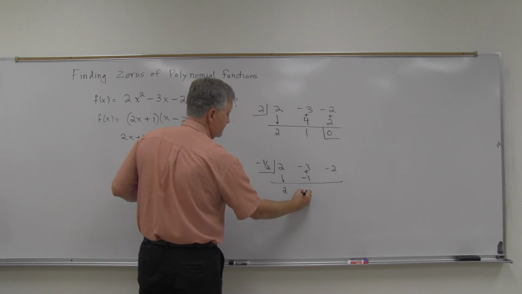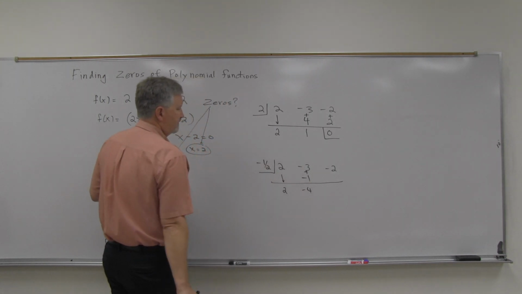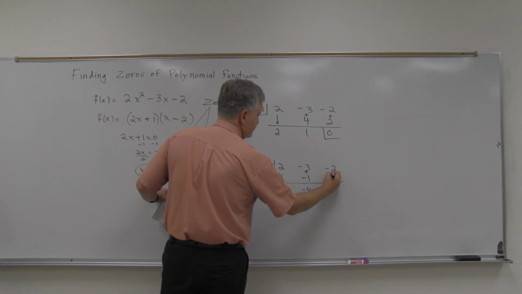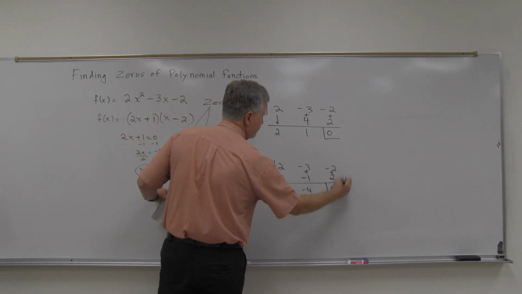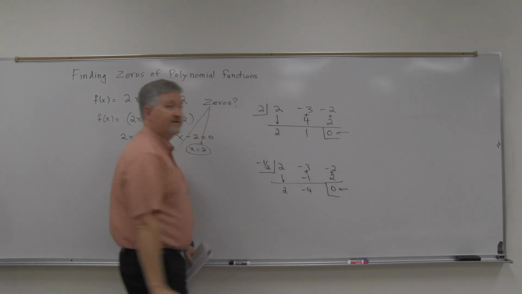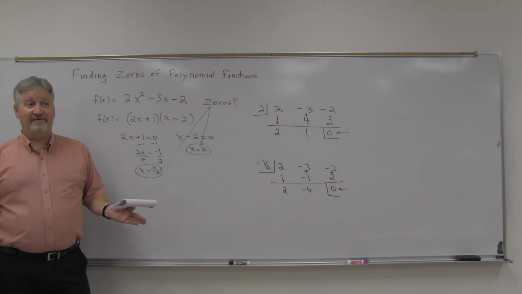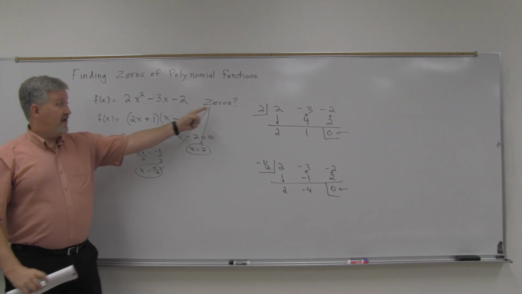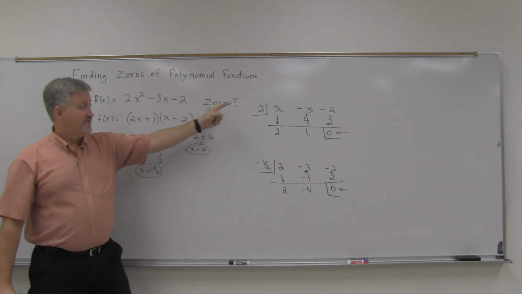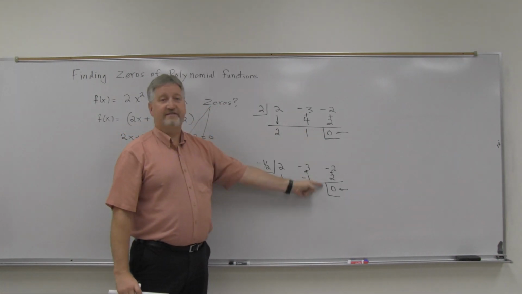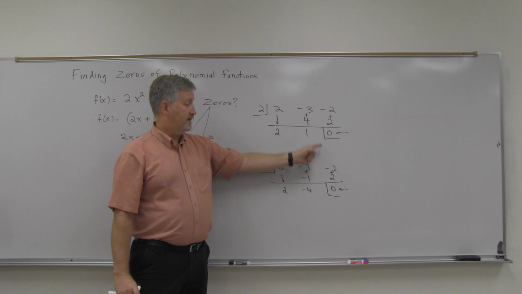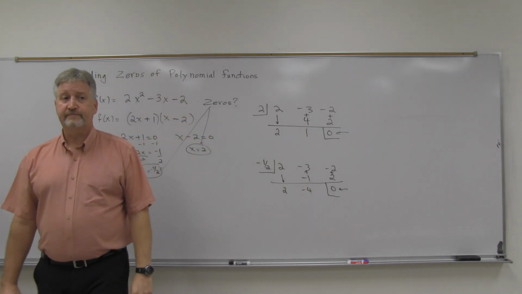Negative 3 plus negative 1 is negative 4. Negative 4 times negative 1/2 is positive 2, and then add those, you get 0. So in both cases, it's not a coincidence: when I have a zero, if you do the synthetic division, you get a remainder of 0.